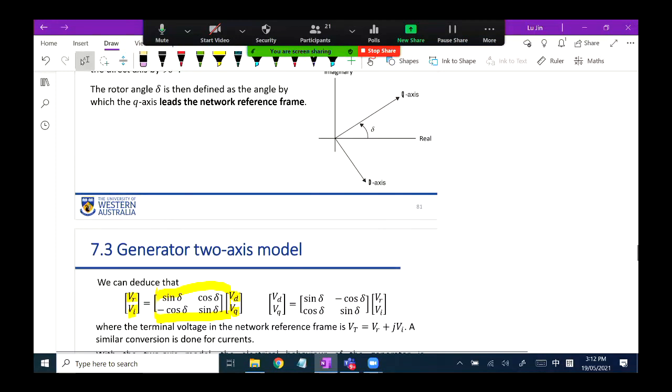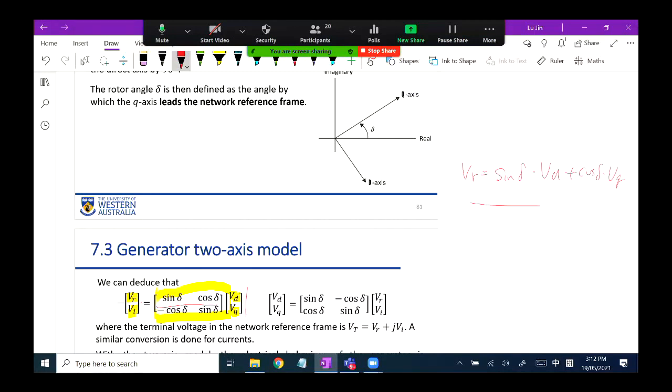In this case, for example, I focus on the voltage along the real axis. The calculation using the matrix rule uses the first row of this transformation matrix multiplied by this vertical vector. So in other words, we can write VR is equal to sine delta times VD plus cosine delta times VQ.